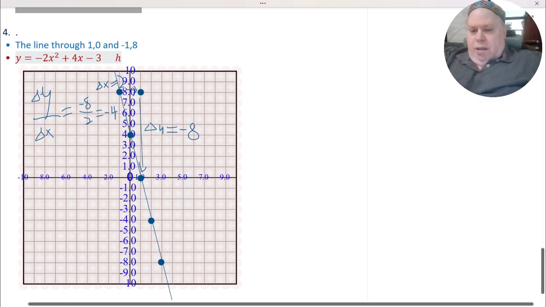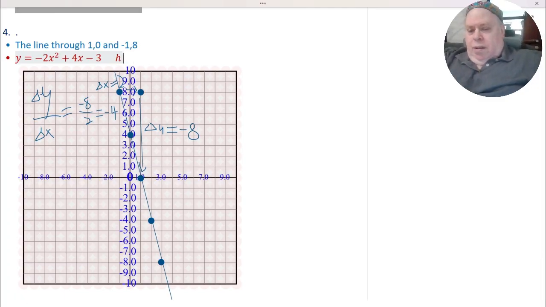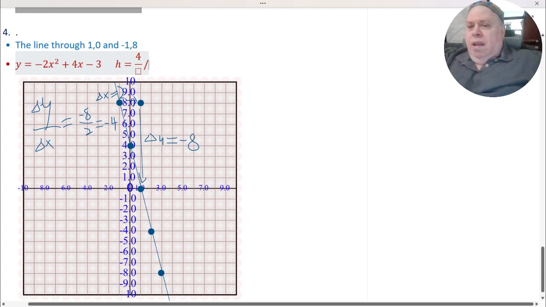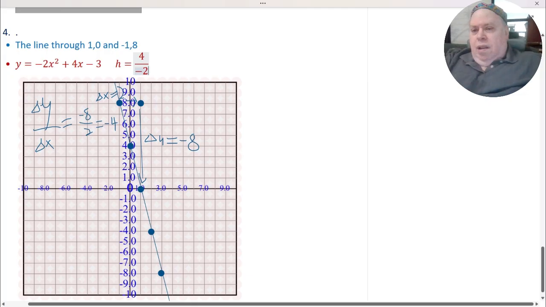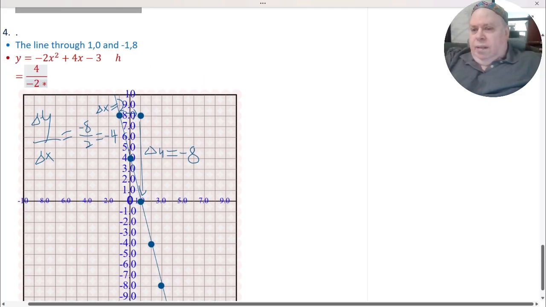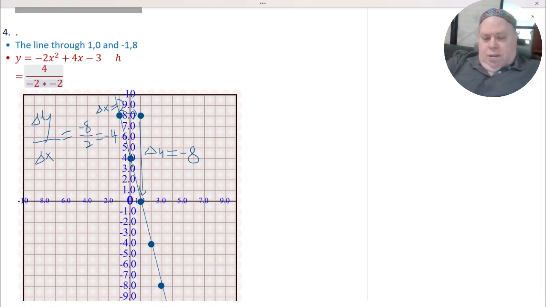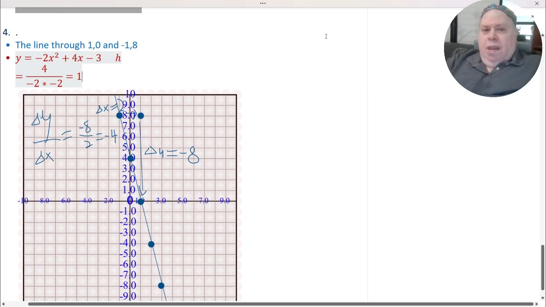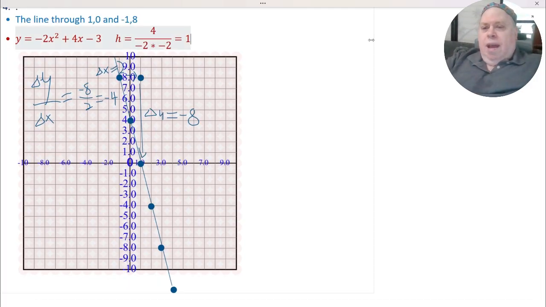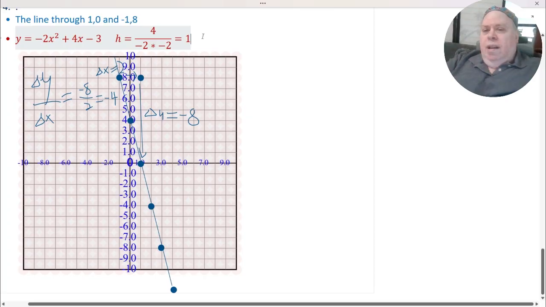And h is going to equal b, which is 4, divided by negative 2 times a, which is negative 2. So that's going to give me 4 divided by negative 2 times 2 is going to equal 1. Wait a sec. Let's make that happier. There. Now, so that's h.